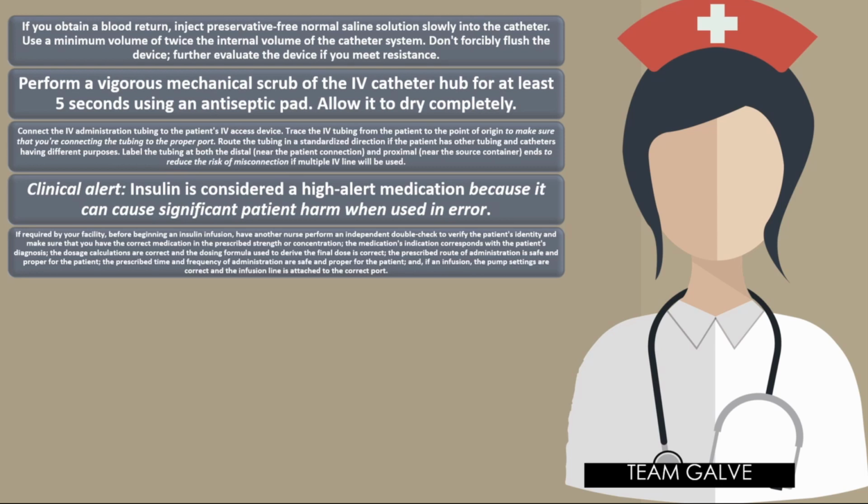The dosage calculations are correct and the dosing formula used to derive the final dose is correct. The prescribed route of administration is safe and proper for the patient. The prescribed time and frequency of administration are safe and proper for the patient. And the infusion pump settings are correct and the infusion line is attached to the correct port.